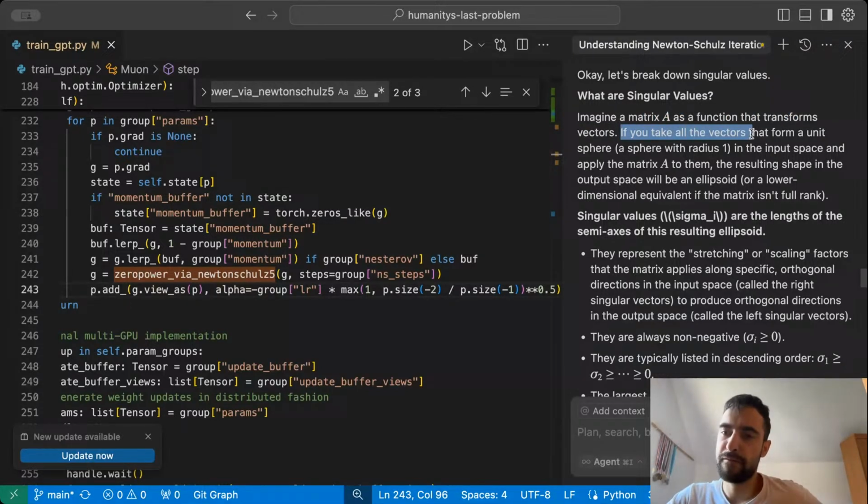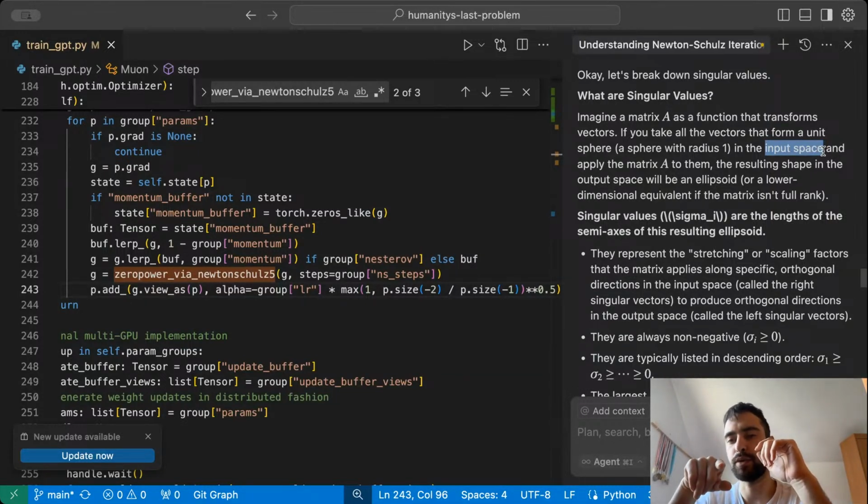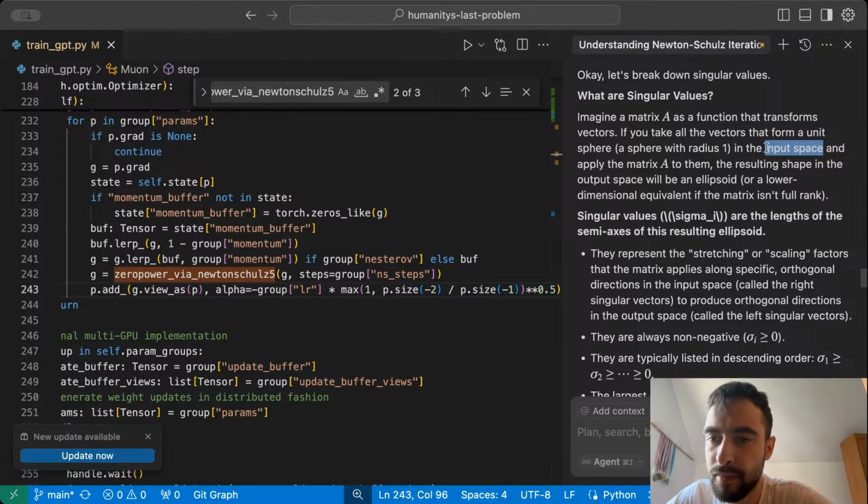If you take all the vectors that form a unit sphere, a sphere with radius 1, in the input space, and apply the matrix A to that sphere, the resulting shape in the output space will be an ellipsoid. Or a lower dimensional equivalent if the matrix isn't full rank. So we have zero center, all vectors the same length, forming a sphere. And we have some matrix. The matrix is going to rotate those vectors.